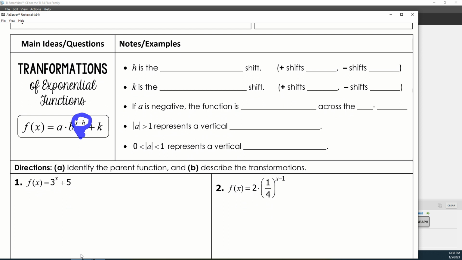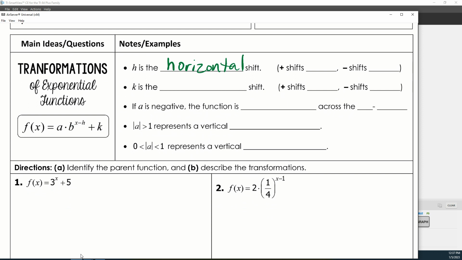Would you guys say that h is inside or outside? Inside. H is the inside. So subtracting and adding on the inside is a horizontal shift. All right, so the inside is the one that's the opposite of what you would think.